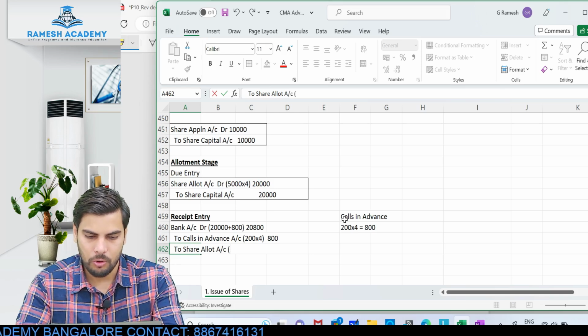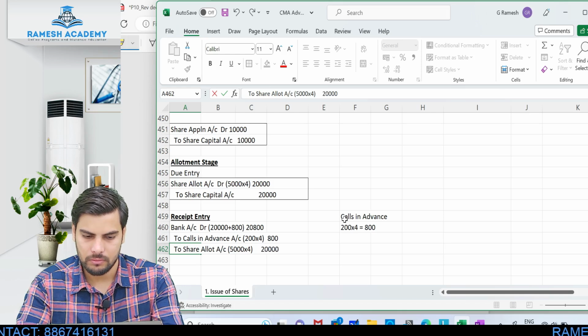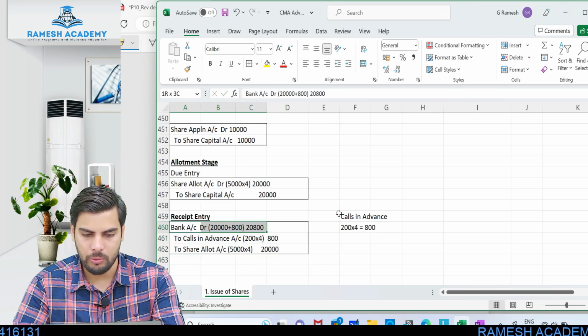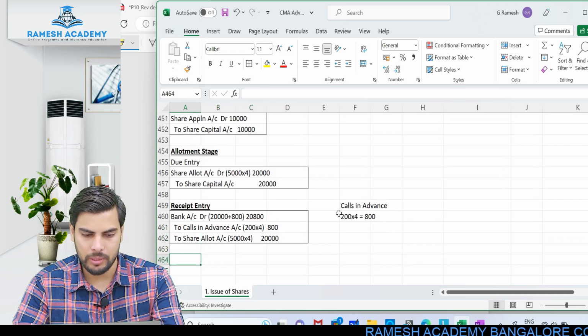How much is the amount pertaining to allotment? 5,000 shares into 4 rupees. This would be the entry. If you check the total of debit and credit, it is the same, 20,800 over here, 20,800. Just add these two, 20,000 plus 800. This would be the receipt entry.